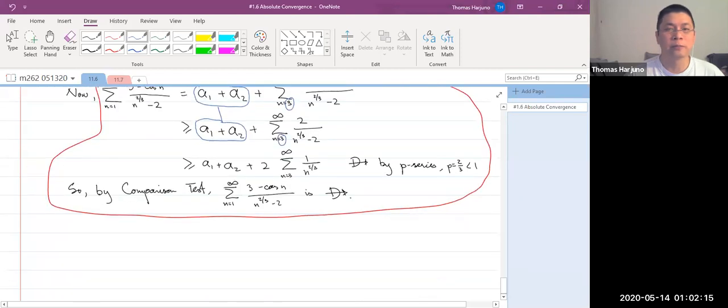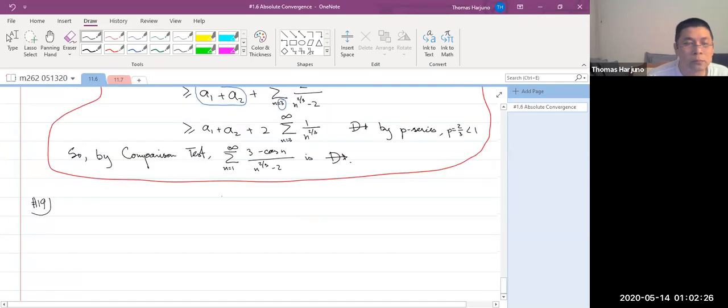Number 19. We have the sum from n equals 1 to infinity of cosine of n pi over 3, over n factorial.